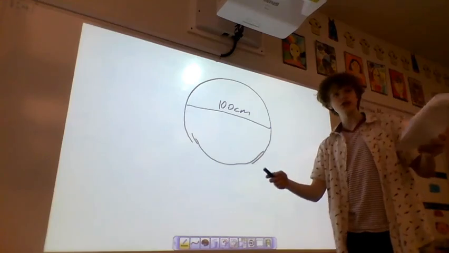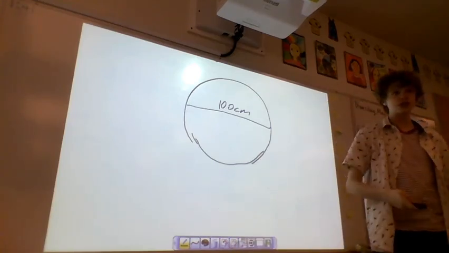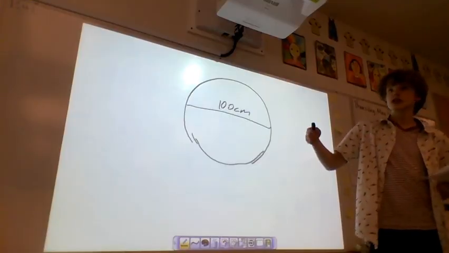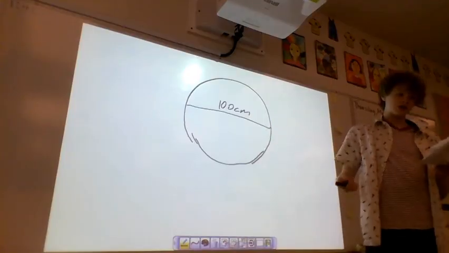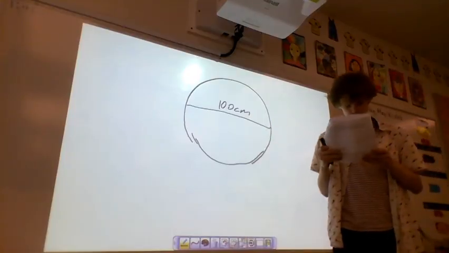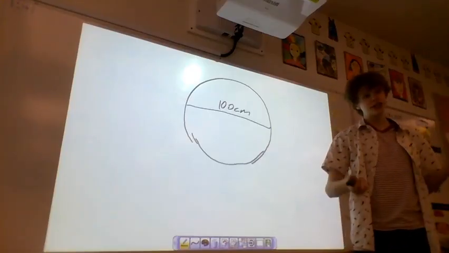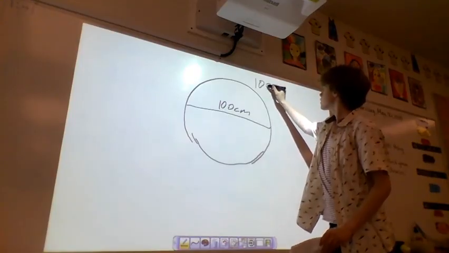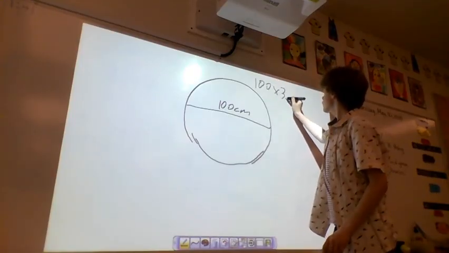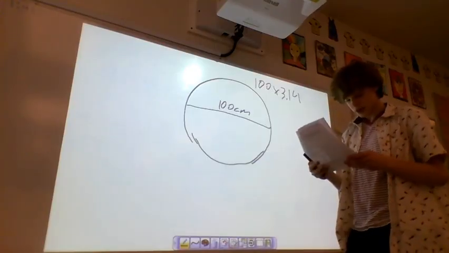It can be used to calculate the surface area of circles, or the surface area of spheres, the volume of spheres, the area of circles, and the perimeter of circles. But since pi is indeed an endless number, we just multiply 100 times 3.14 to make it easy.